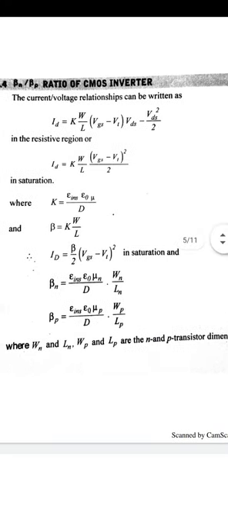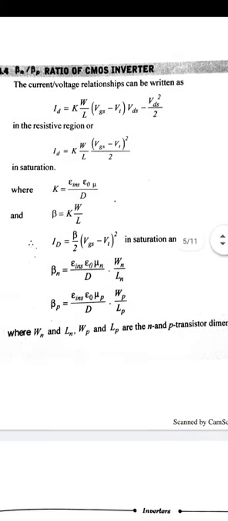In the saturation region, ID is equal to Kn W by L (VGS minus VT) whole square by 2. K is equal to epsilon naught mu by D. Beta is, in short, K W by L. Putting the values in the saturation equation gives beta by 2 (VGS minus VT) whole square in saturation mode.